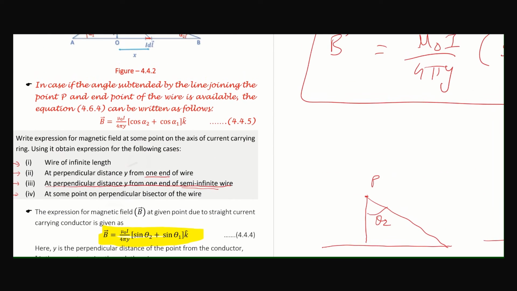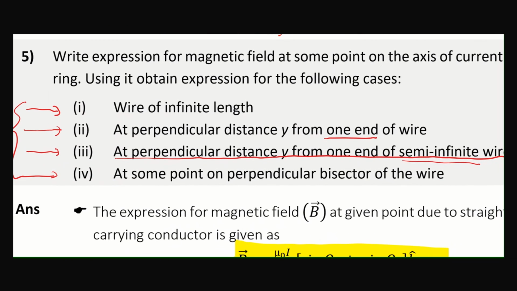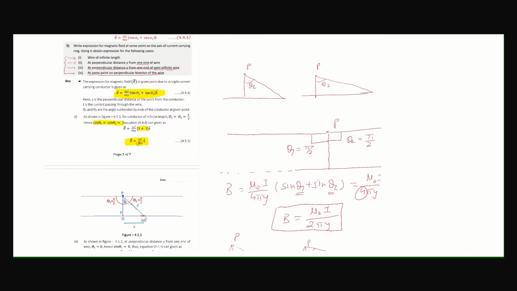With that, let us go to the fourth one. What is the fourth special case? At some point on the perpendicular bisector of the wire. So now where is the point?